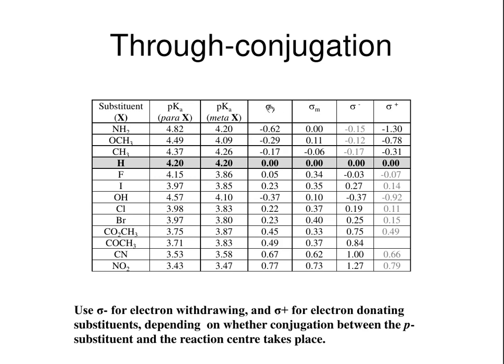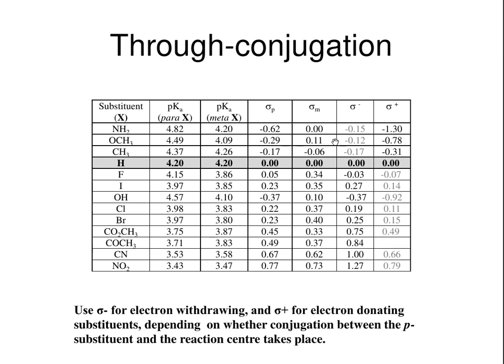And so when you look at tables, and we've seen this table before, we have the sigma Hammett substituent parameters for the para position, Hammett substituent parameters for the meta position, and now the sigma minus and sigma plus are only for the para position. So you can see over here that for electron donating substituents we've got different sigma plus values that are quite different to the para substituent parameters.